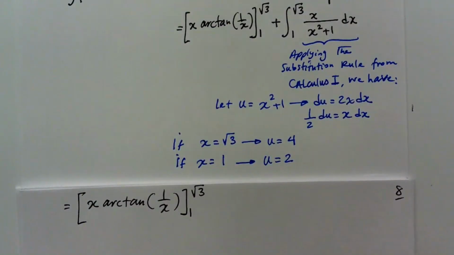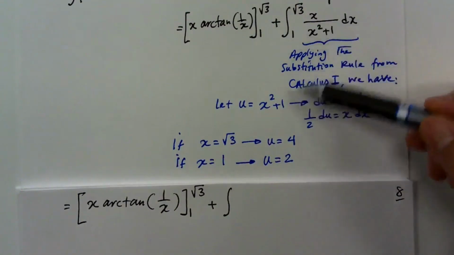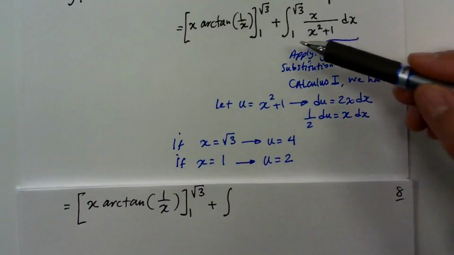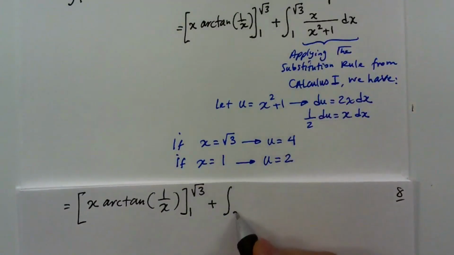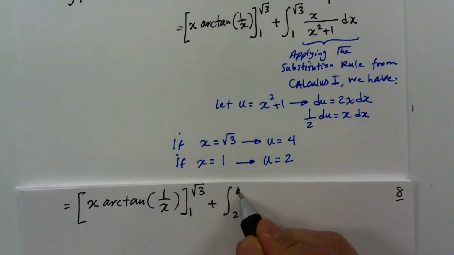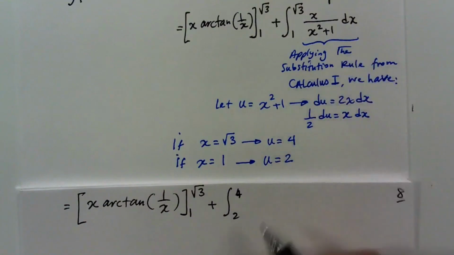Okay, like that. And then plus, I have to be careful here because we're transitioning from x to u. So the limits are no longer 1 and square root of 3, but they're 2 and 4. So 2 to 4. And then we have 1/2, right?